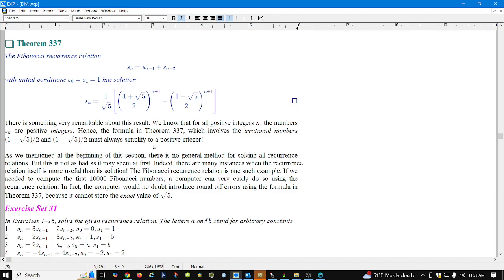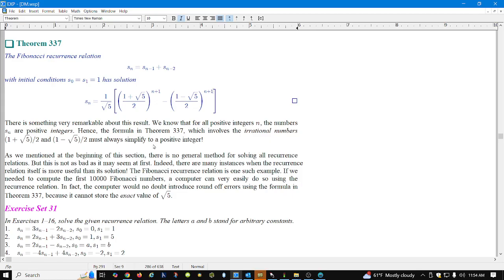As I mentioned before, there's no general method for solving all recurrence relations. But that's not necessarily as bad as it may sound, because there are many instances, and this is one such, where the recurrence relation itself can be much more useful than its solution. If you needed to compute, for example, the first 10,000 Fibonacci numbers, how would you do that?